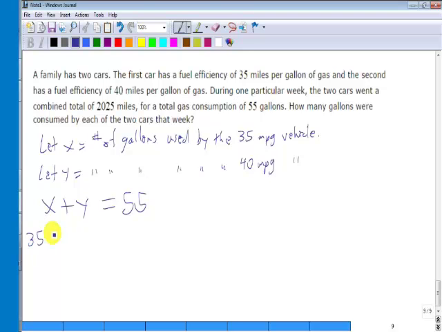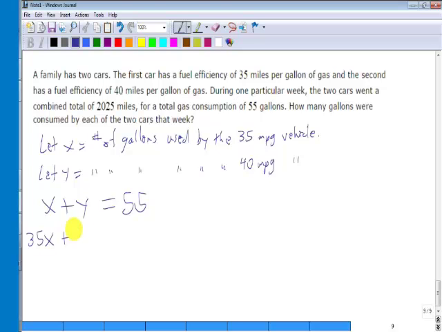If we get 35 miles a gallon and we consume X gallons, that tells us how many miles we go.